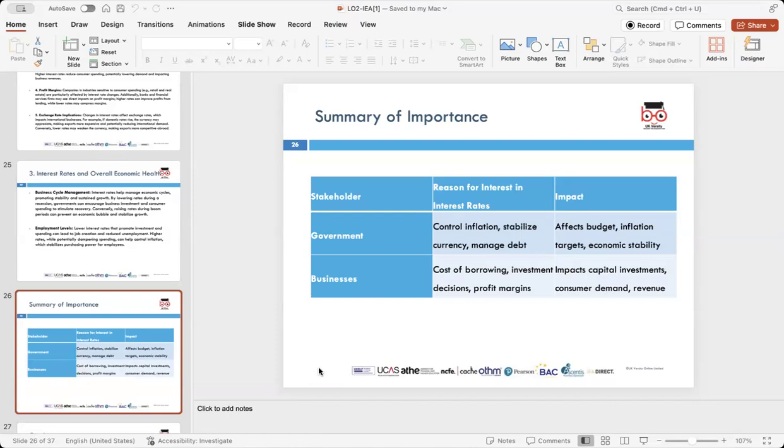Businesses: cost of borrowing, investment decisions, and profit margins. Impacts capital investment, consumer demand, and revenue.